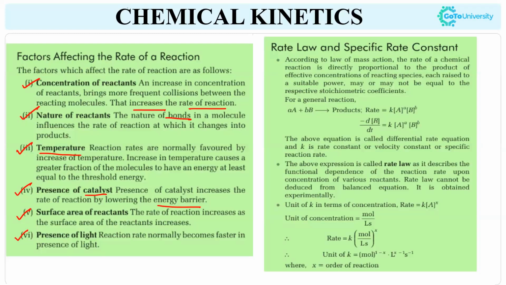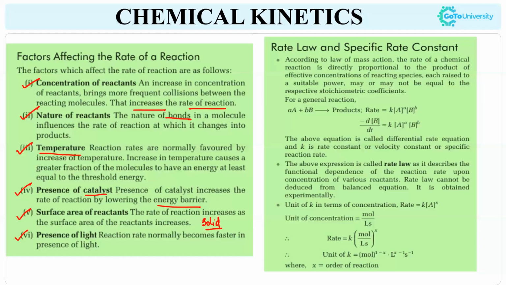Now coming to the surface area. The surface area of the reactants matters only for solid reactants. In case of solid reactants, when we break the solid down into smaller particles, the area of the particles will be increasing, right? When you break down into smaller granules, the surface area is increasing.